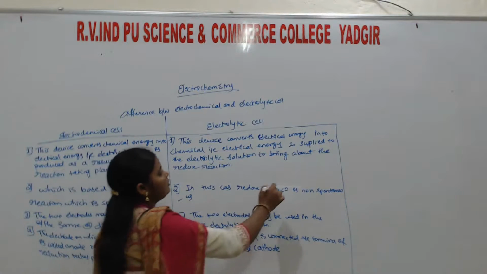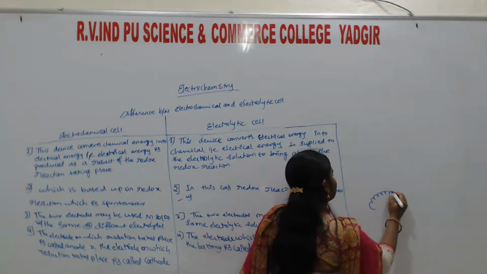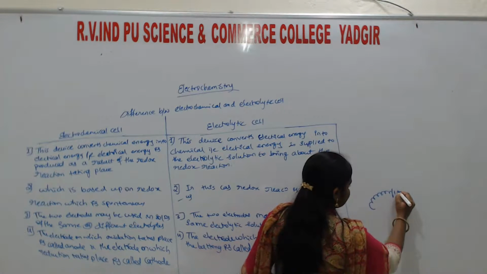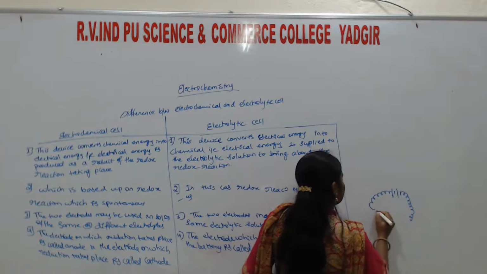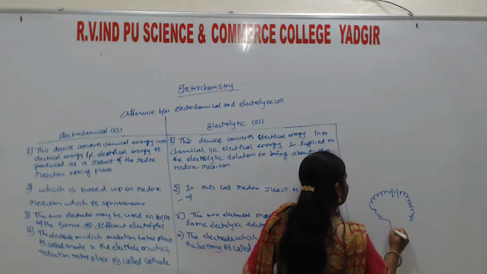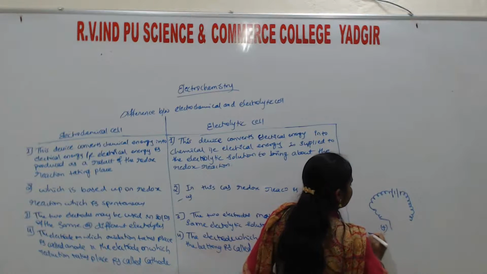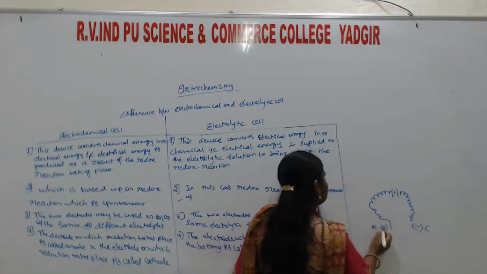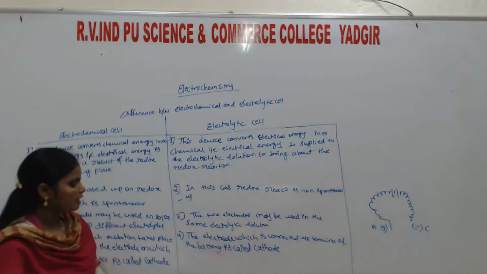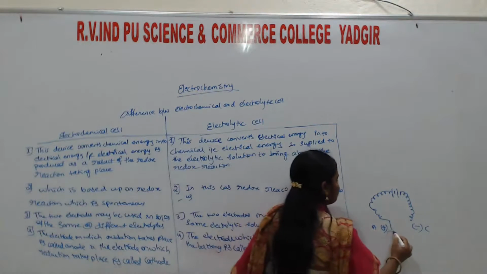You connect the battery to the electrolytic cell like this. The positive terminal is the anode and the negative terminal is the cathode.